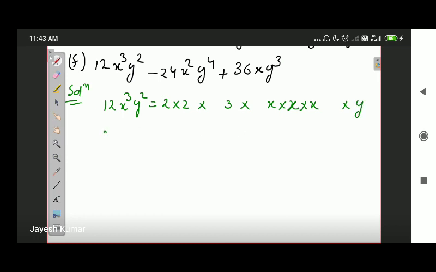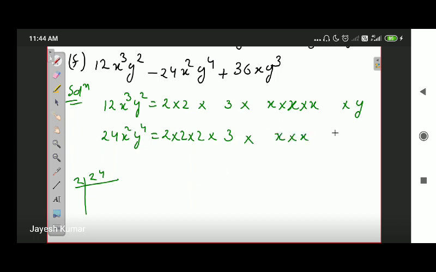Next is 24x square y to the power 4. Let us find out the prime factors of 24. 24 is 2 into 12. So this is 2 into 2 into 2 into 3 into x into x into y, y, y, and y.